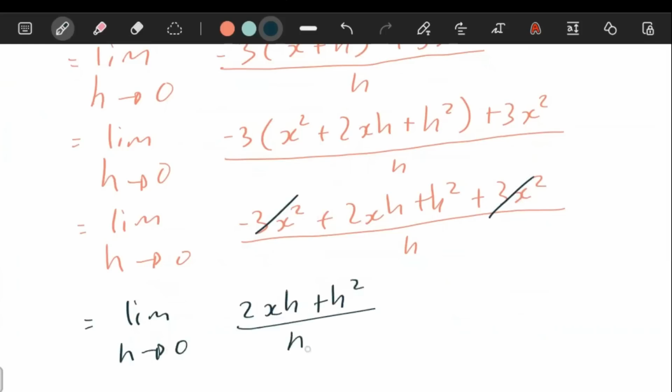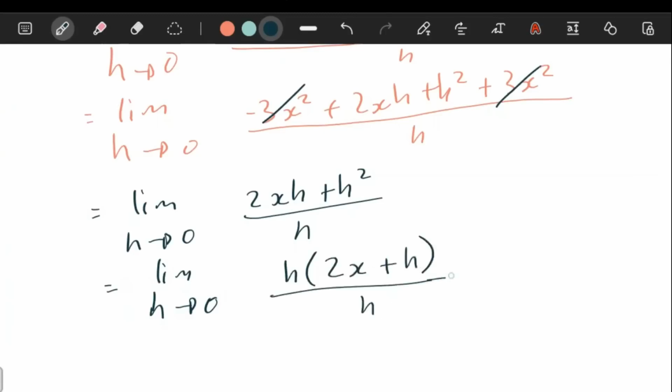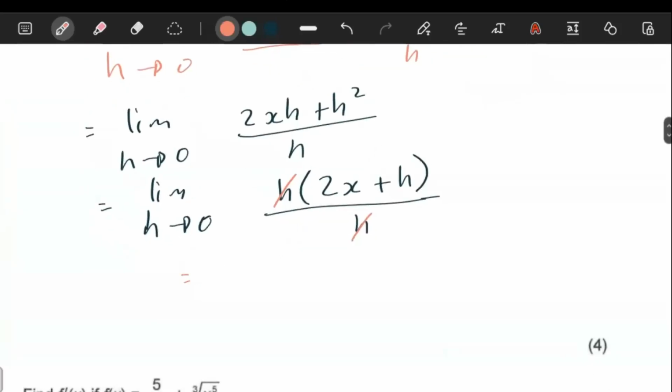That's like a given. So from here, you can take out h as a common factor, and take note of how we're keeping this whole limit part out the whole time. So h goes out, this is 2x plus h, the whole thing over h cancels h. And then this is like 2x plus h.